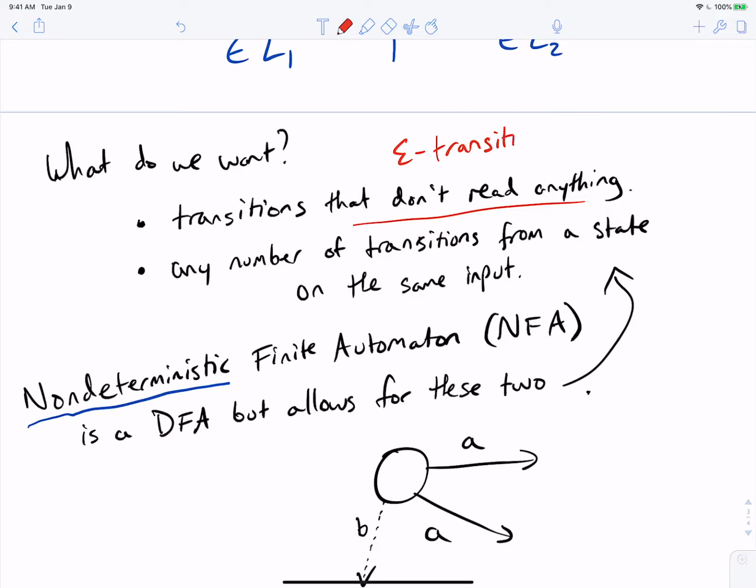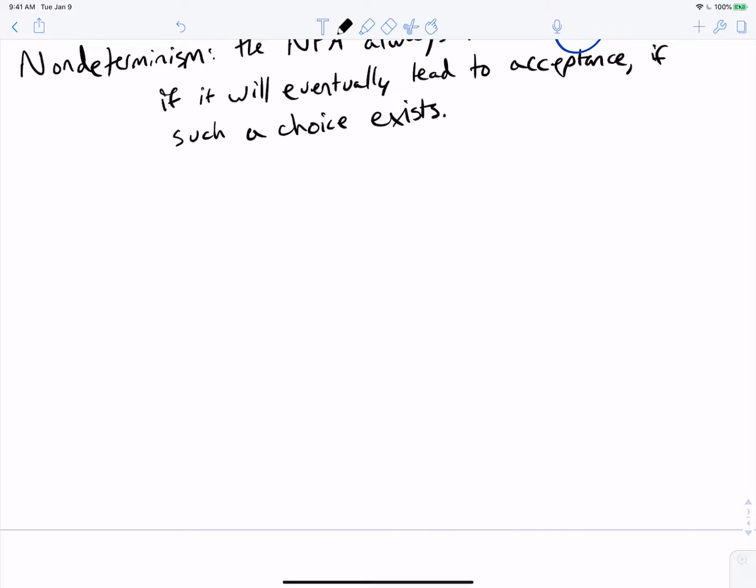So let's actually do an example. I'm going to make an NFA, and then we can talk about the language it recognizes. So let's make a little NFA right here.